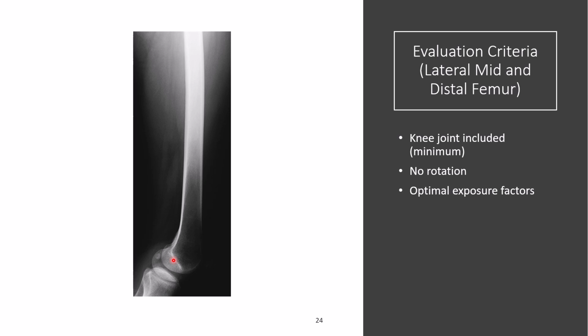So because we're doing a lateral of the distal femur and including the knee joint, we are not going to have these superimposed because there is no angle on the tube. So knee joint included minimum, no rotation, ideal exposure factors.